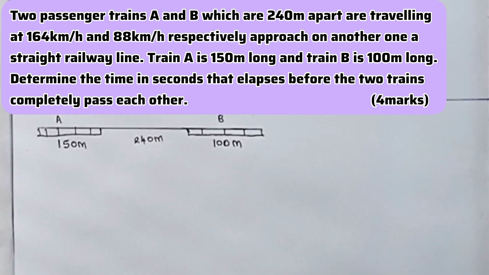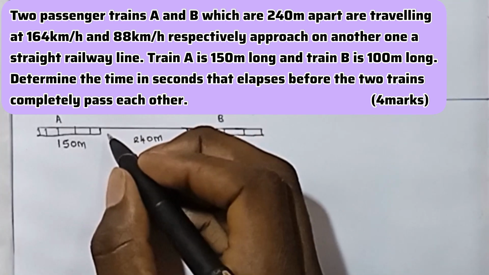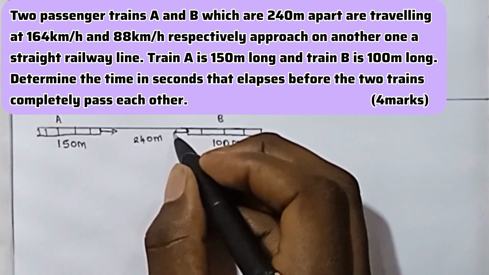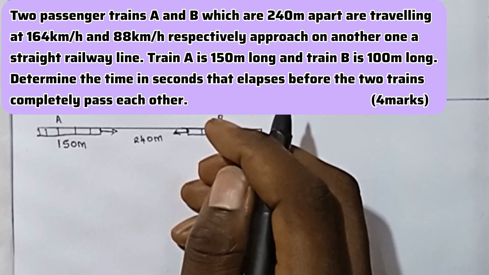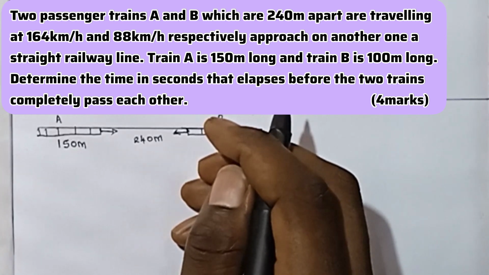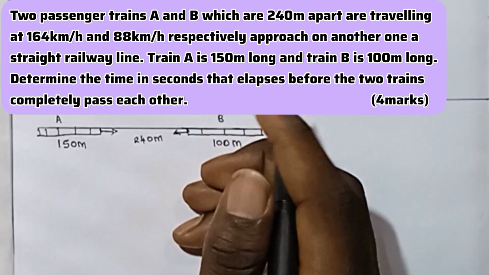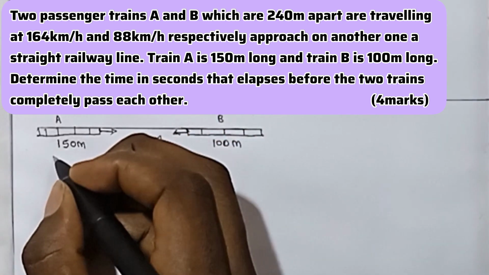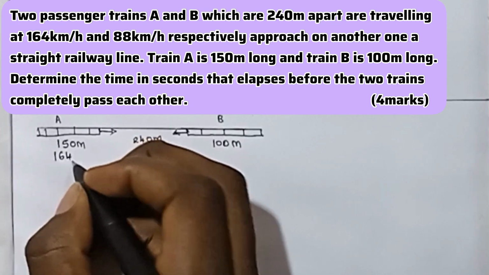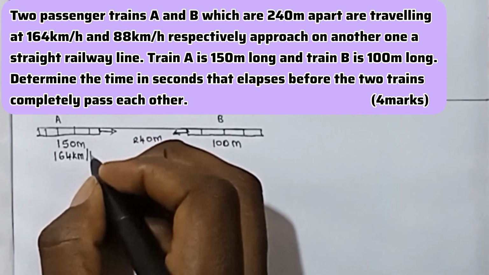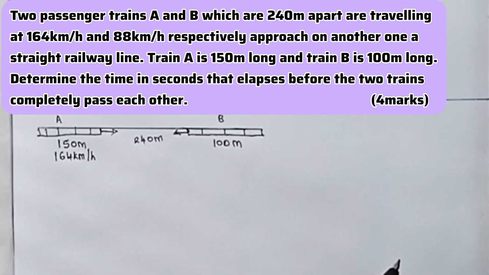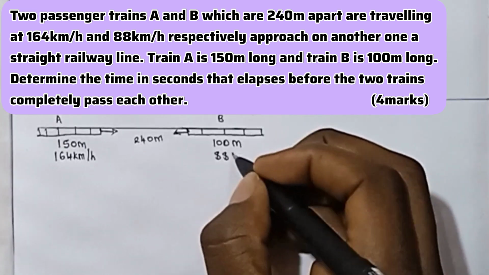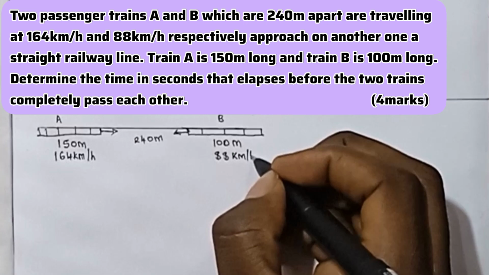They are approaching each other. This one is going in that direction and this one towards that direction, and train A is traveling at 164 kilometers per hour, and train B is traveling at 88 kilometers per hour.